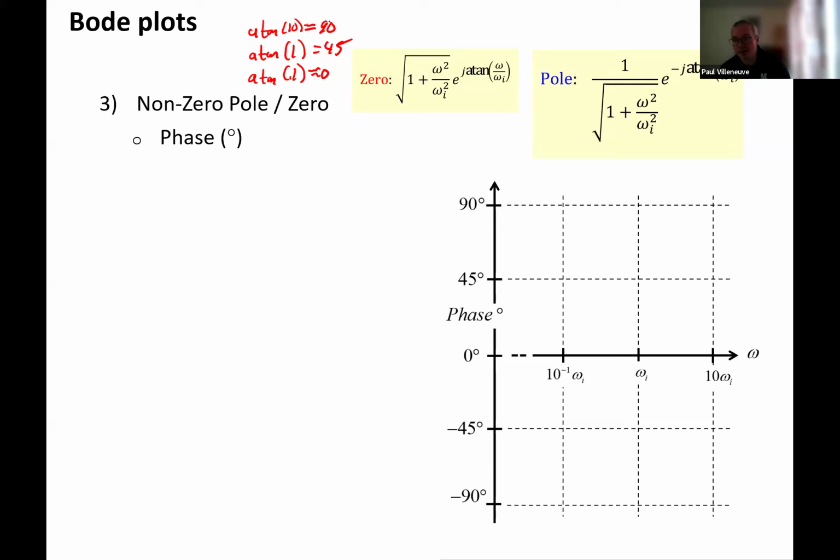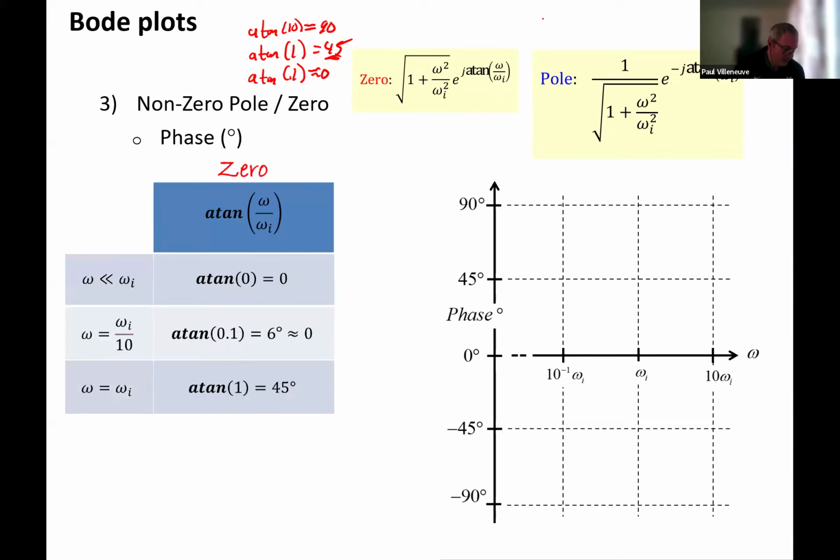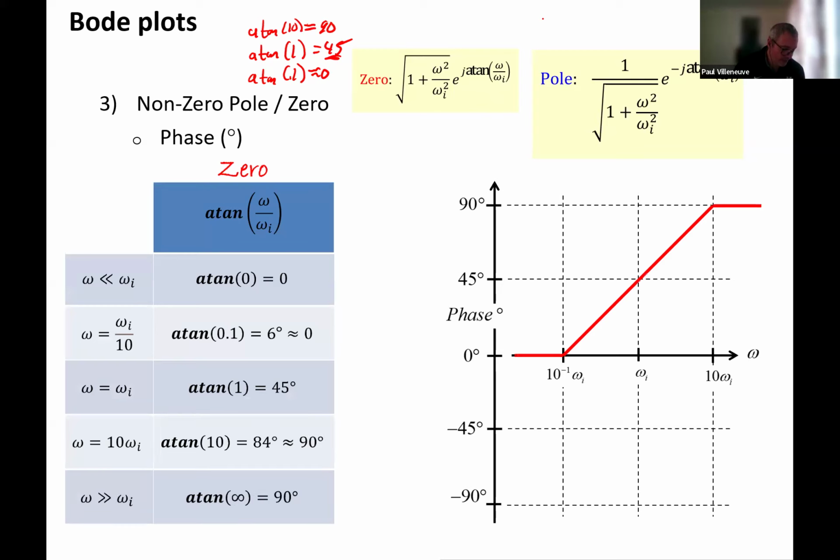Because when we do the square root of 1 plus 1, which is 2, that's 3 dB off. But over here, it's a huge difference. It's 45 degrees. So for phase plots, we say it starts to contribute at 1/10 the break frequency.